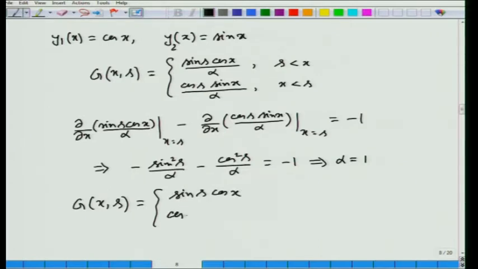And therefore, this Green's function g(x, s) is equal to simply sin s cos x and cos s sin x, valid for 0 ≤ s < x ≤ π/2 and 0 ≤ x < s ≤ π/2. So, these are the definitions, and therefore the solution to the given problem, y(x), is equal to minus integral 0 to π/2 g(x, s)(1 + s) ds.